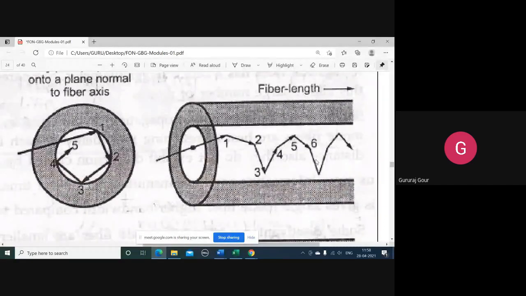All these things are questionable at the receiver side, and those are answerable only by characterizing this kind of behavior of the optical rays inside the core. So this is very much important to understand the dynamic behavior of the optical rays inside the core.